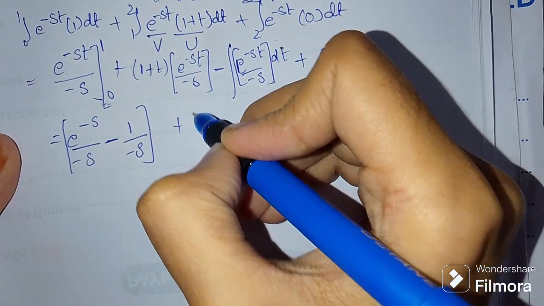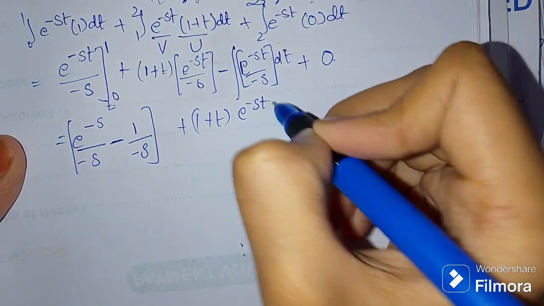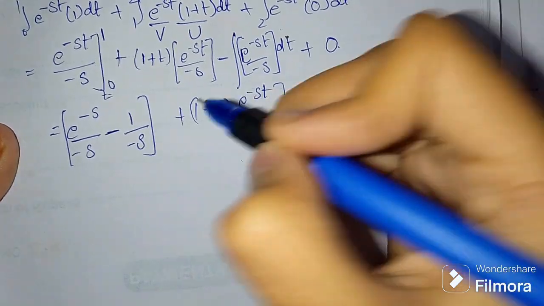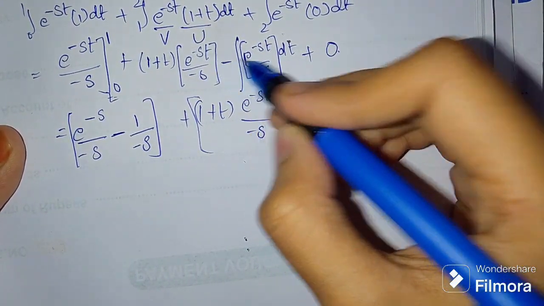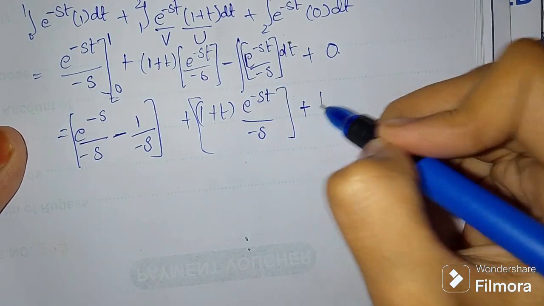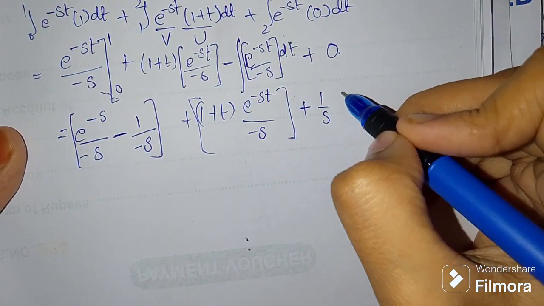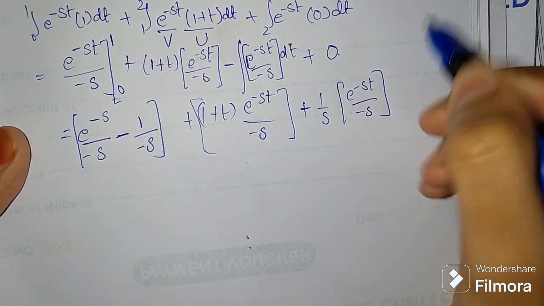So here, 1 plus t into e power minus st by minus s. What is this? Put 1 by minus s outside, so it becomes plus into 1 by s. Integration of e power minus st is again e power minus st by minus s.